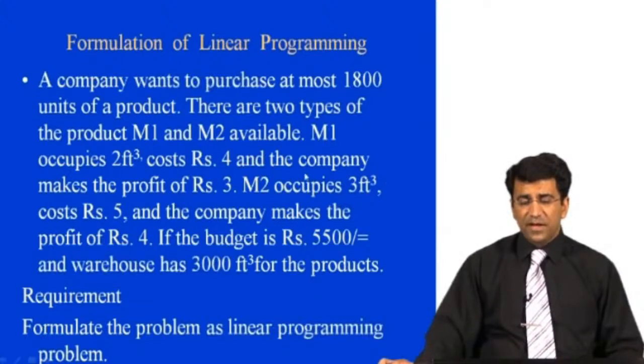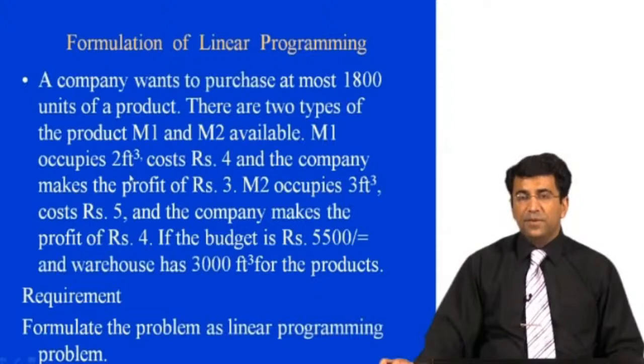So class, let's have a view on this particular example. The first constraint is represented by the units of a product. That is, they will have to produce at most 1800 units of a product. So this is the first constraint. Then the other constraints are represented by the foot cube, that is, what space a particular product takes.